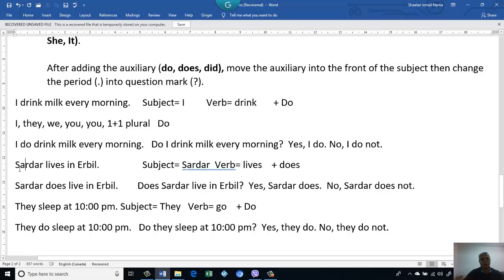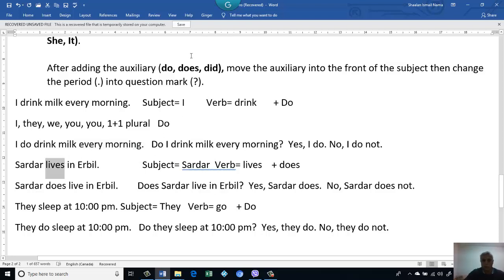Let's look at the sentence here. Sardar lives in Erbil. First, we check, do we have a subject? Yes, we do. It says Sardar. Do we have an auxiliary verb? No, we don't have an auxiliary verb here. But I have the verb lives, which tells me that my verb is in the present time.